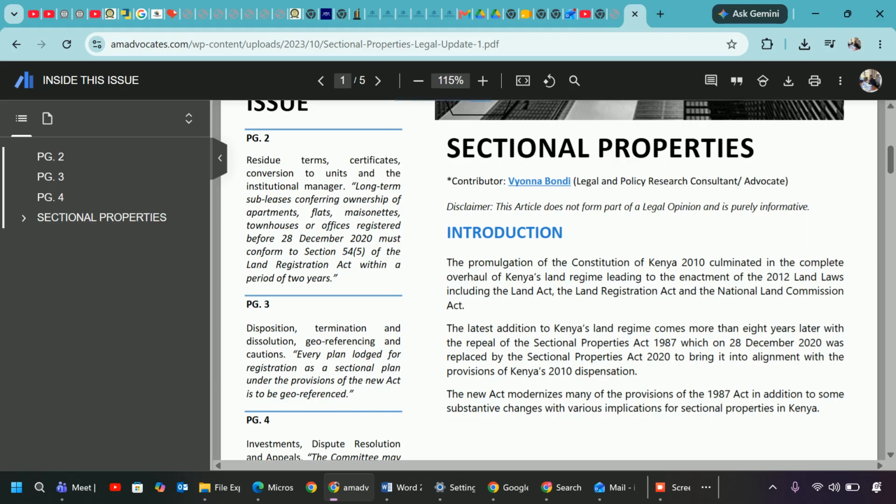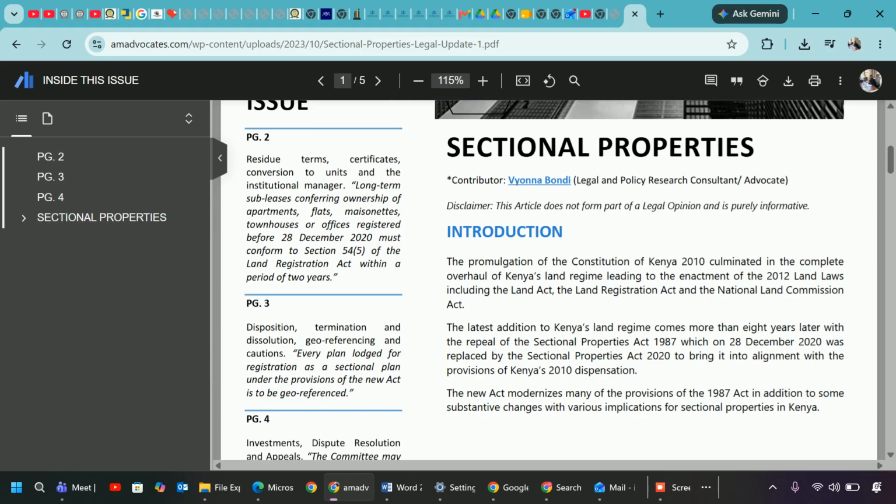They decided to give a transition on the sectional properties vis-a-vis the older Sectional Properties Act of 1987. And this is a critical starting point. The promulgation of the Constitution of Kenya 2010 culminated in the complete overhaul of Kenya's land regime, leading to the enactment of the 2012 land laws.